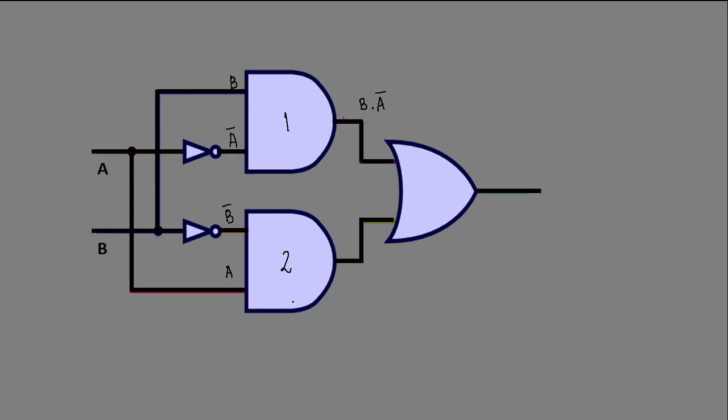And for this second AND gate, it receives inputs B complement and A. So therefore output will be B complement dot A, right? Now these two are entered as an input to this OR gate. This is an OR gate. OR gate terminology is that we include a plus sign between the two inputs.